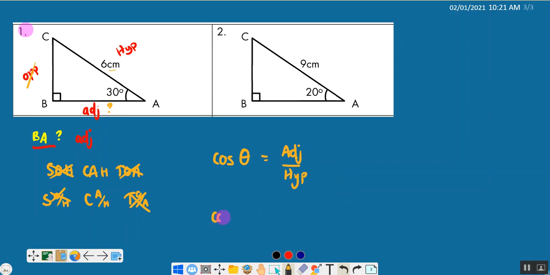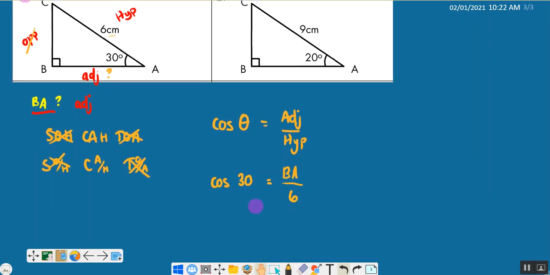Okay. So then we fill out the information. So the cosine of what angle? 30 is equal to adjacent, what should we call it? BA. Okay, we can keep it as BA, that's not a problem. Divided by 6. Okay.